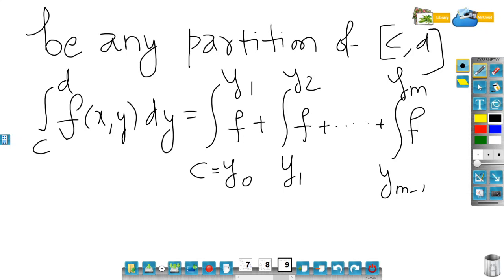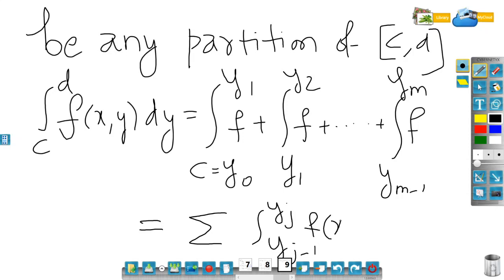So this is the same as the summation of the integral from yj minus 1 to yj of f of x comma y dy, where j goes from 1 to m.